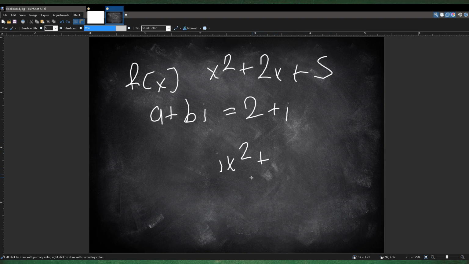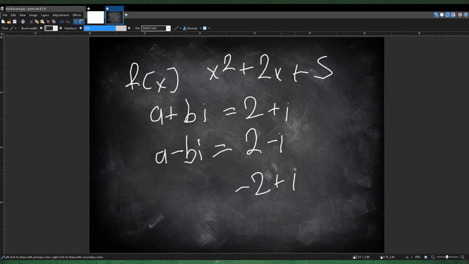So the conjugate pair theorem tells us that if one of the roots is a plus bi, then the other root is a minus bi. So if 2 plus i is a root, then another root is 2 minus i. You've got to remember which one is the negative. You don't want to put negative 2 plus i, which is not true. It's 2 minus i.